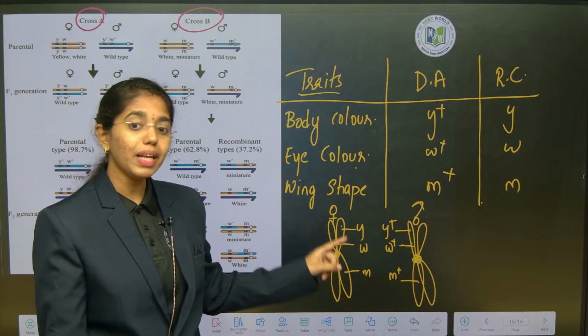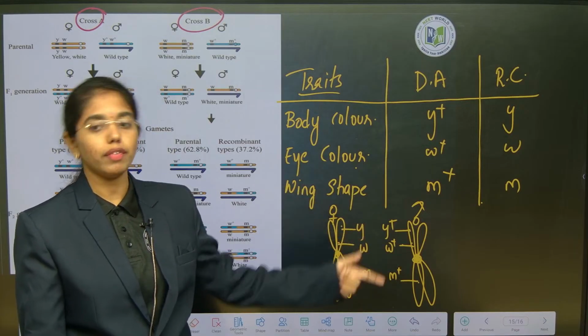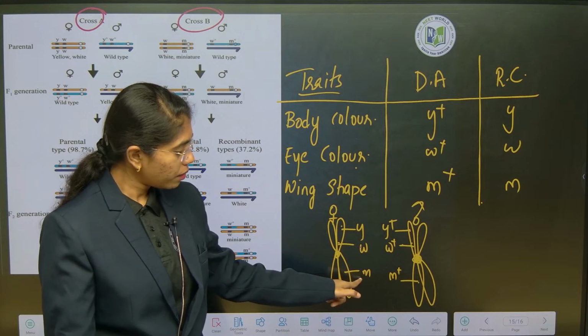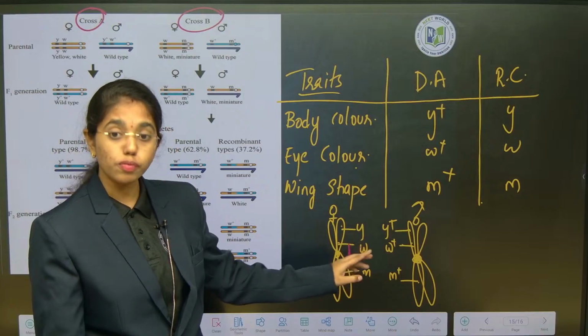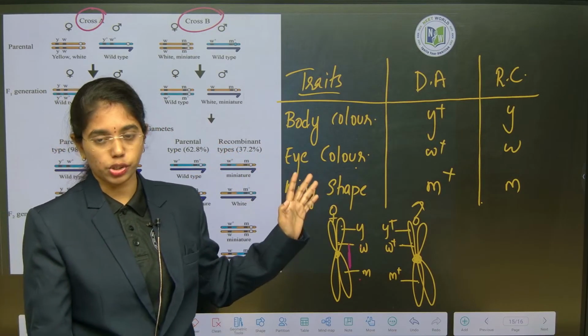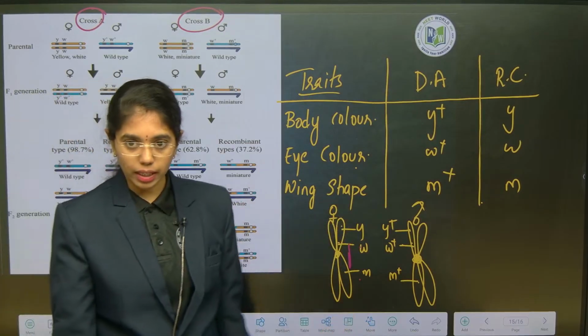There will be less possibility of recombination or crossing over and more possibility of linkage. Same case with eye color and wing shape, where the distance is more. More the distance between the genes, more the possibility of recombination, less the possibility of linkage. These three things are clear to you now.